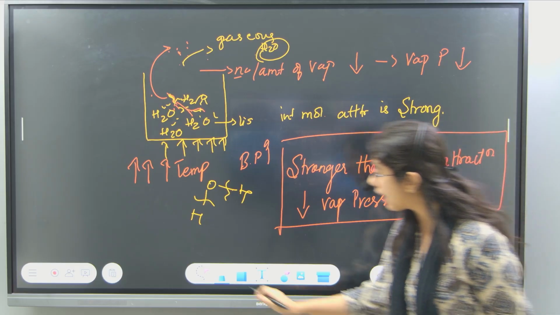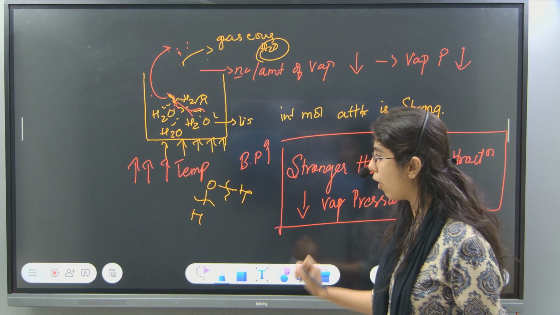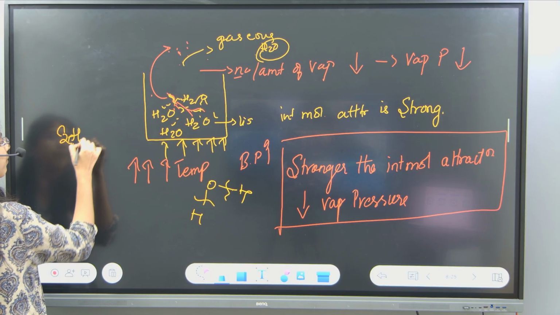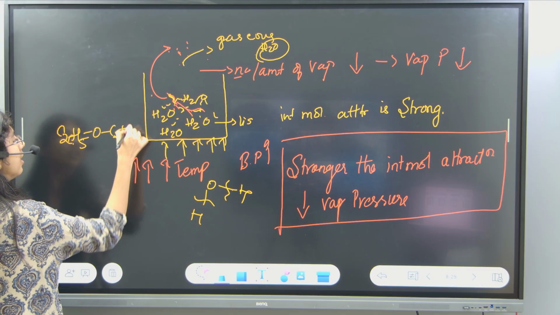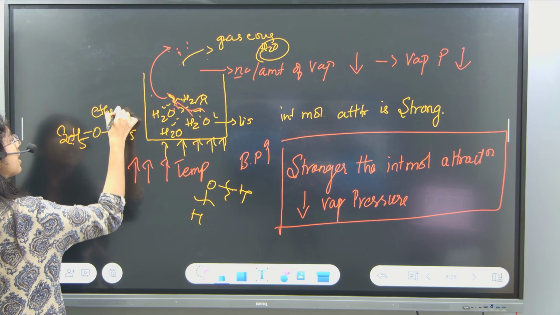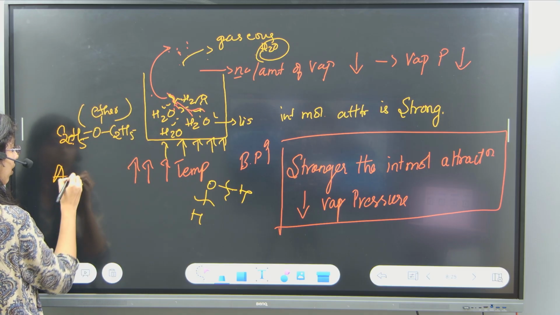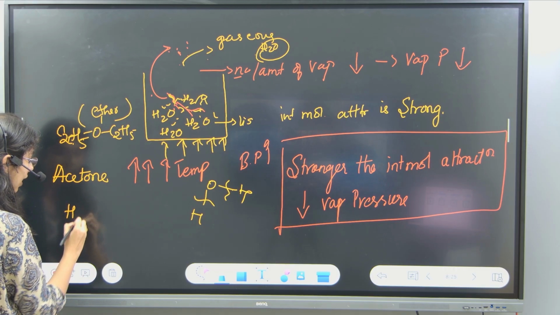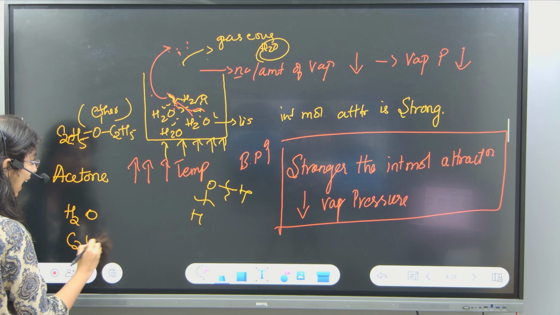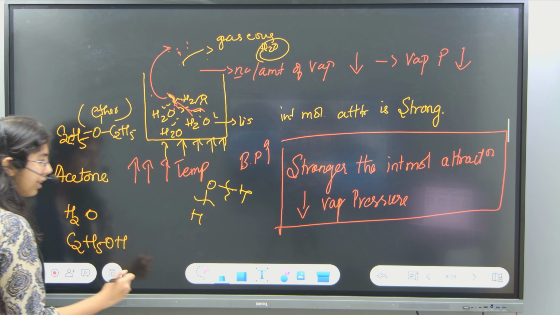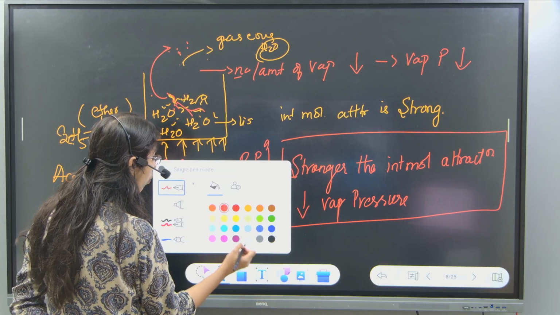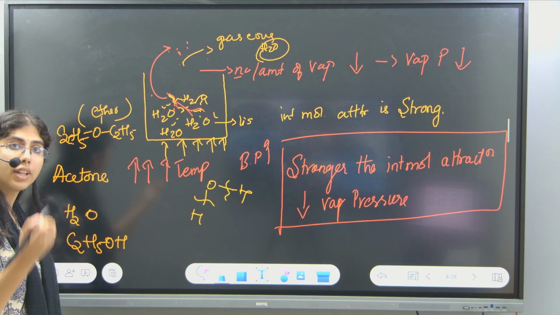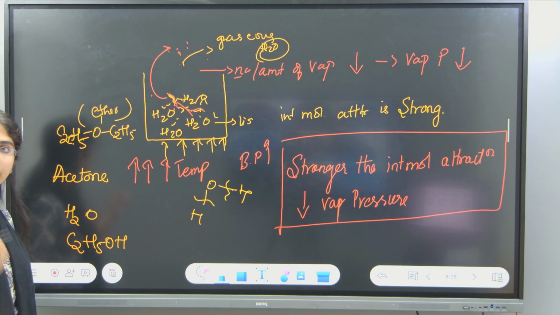Now, in the given question, we have 4 different compounds: diethyl ether, acetone, water, and ethyl alcohol. I will discuss elaborately how they have hydrogen bonding and dipole-dipole interaction when I discuss organic chemistry.